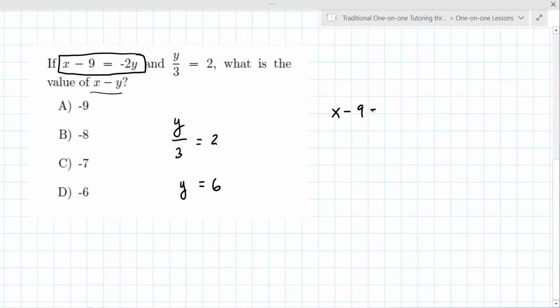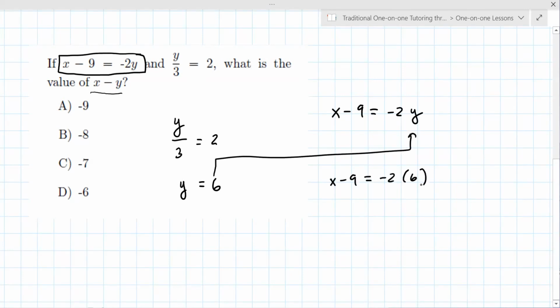Now notice there's a second equation here. x minus 9 equals -2 times y. We're going to use this value of y in the equation here. So we're going to write x minus 9 equals -2 times 6. Okay. Do you know how to solve this equation? I think so. All right. Give that a try, please.